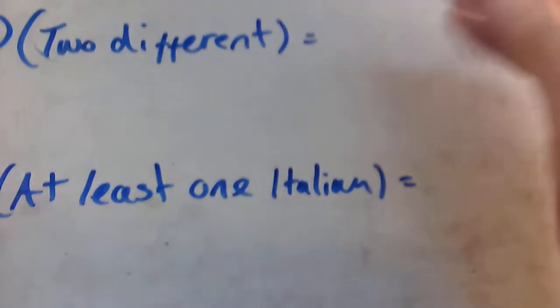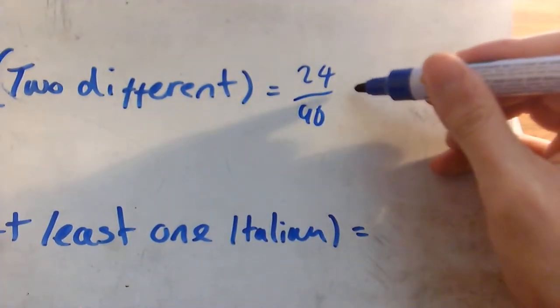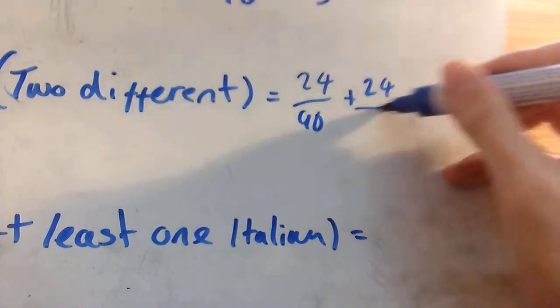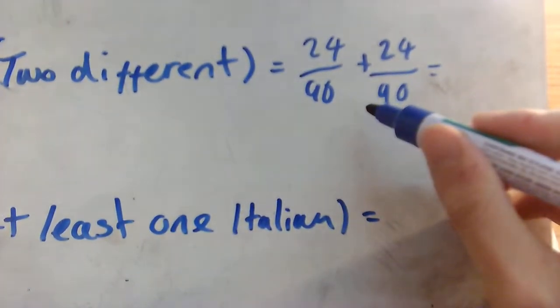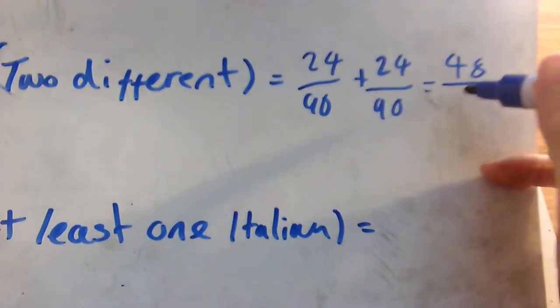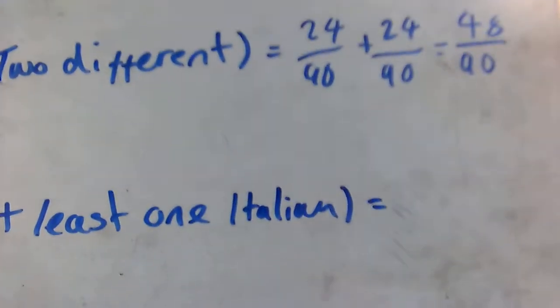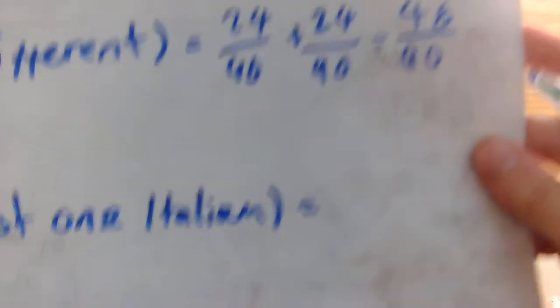So let's put these in here. So it's 24 over 90 plus 24 over 90. And here's why you don't simplify. They've kept the same denominators, so they're very easy to add now. So 48 over 90 is our answer. Again, you can simplify that. I'm not going to bother because I've run out of space, but you can do that, I'm sure.